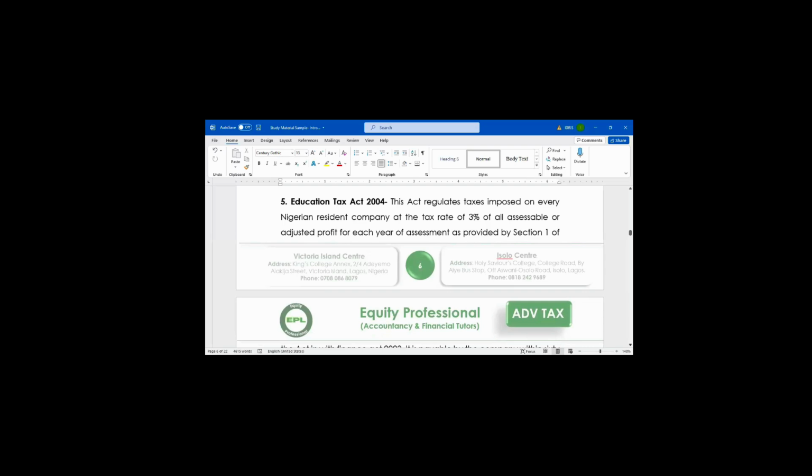And once FIRS collects the education tax, they will remit it to a body called TET Fund, Tertiary Education Trust Fund.